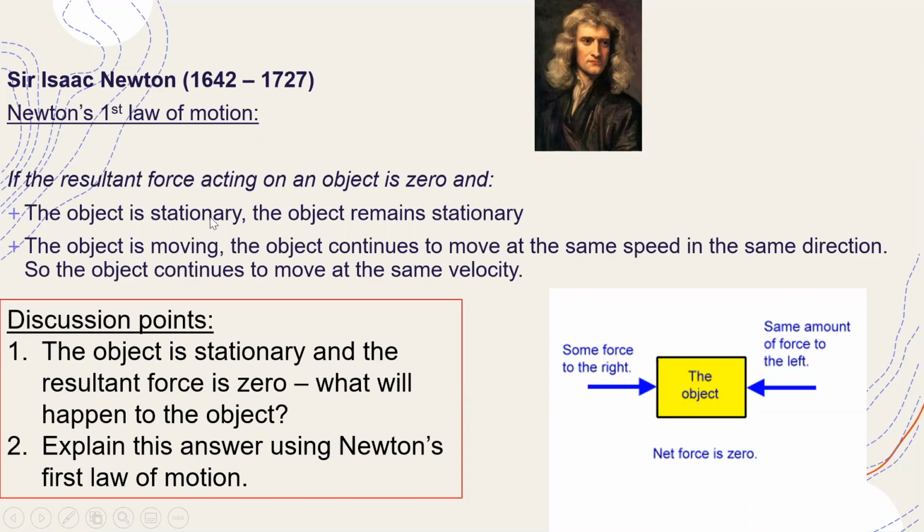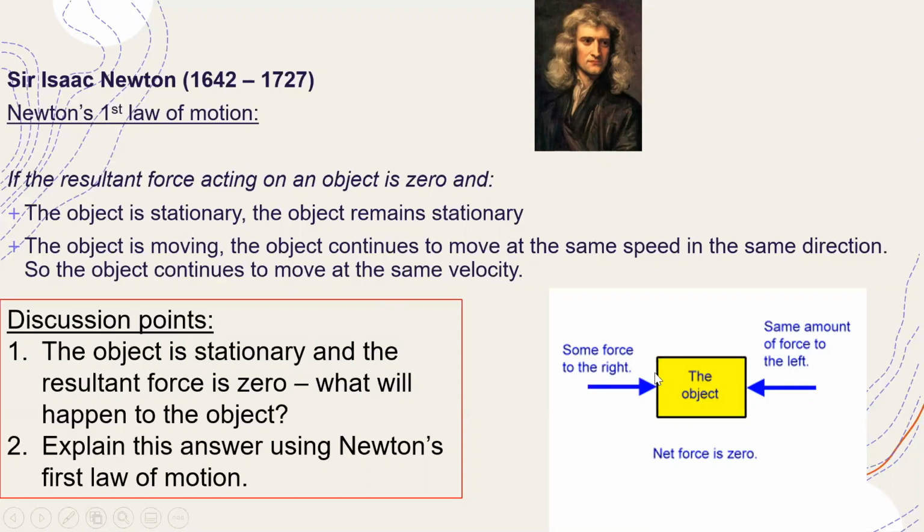The object is stationary, so it isn't moving, and the object remains stationary. Or, and this is the one people forget about a lot, the object is moving and continues to move at the same speed in the same direction. So the object continues to move at the same velocity.